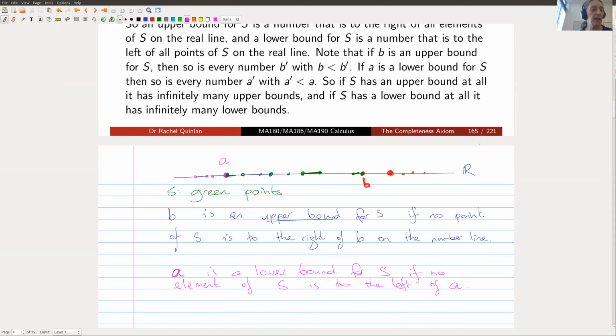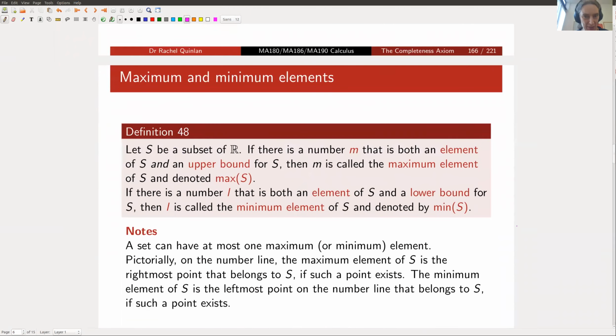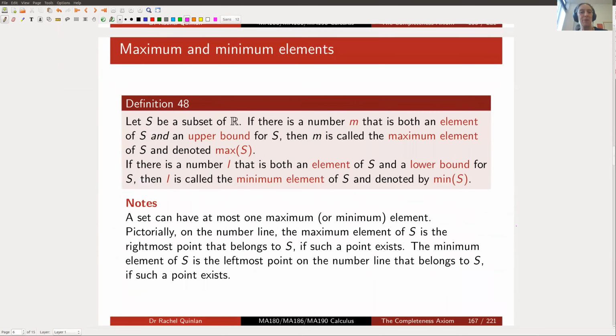Okay, right. That's a lot of talk without actually saying what it is that we want to talk about. So here we go. Maximum and minimum elements mean what you'd expect them to mean. The maximum element of a set, if it exists, is just the greatest element in the set.